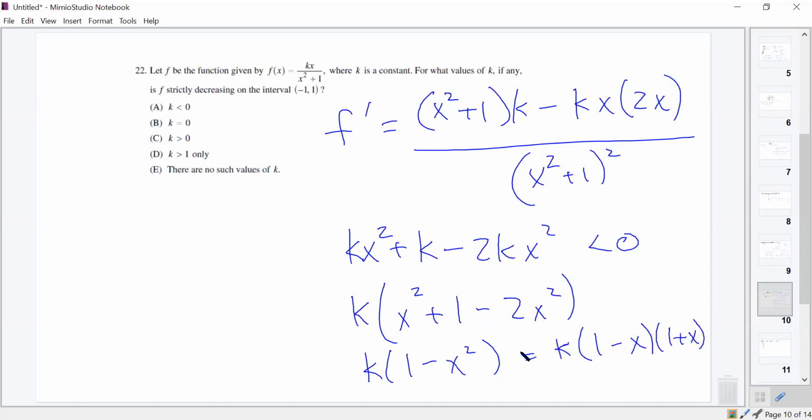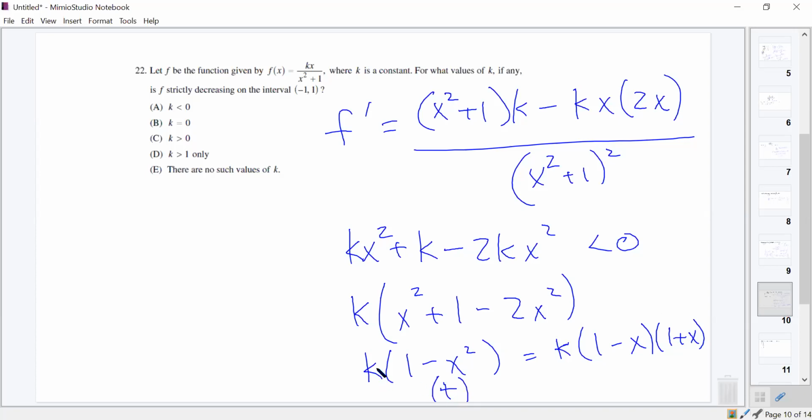And so the values that will make this thing negative, if we're talking about just from -1 to 1, what can you tell me about all these things? If I plug in anything between -1 and 1, like half or something, this is going to be a positive and this is going to be a positive. No matter what I plug in between -1 and 1, this is always positive.